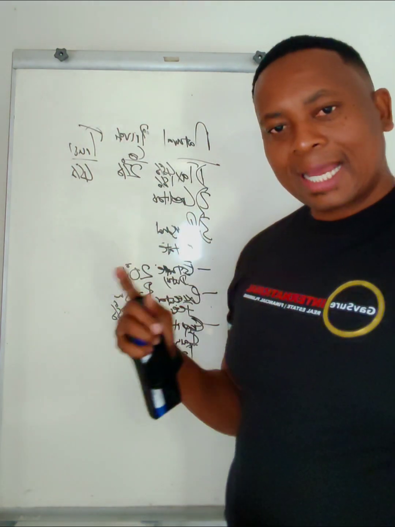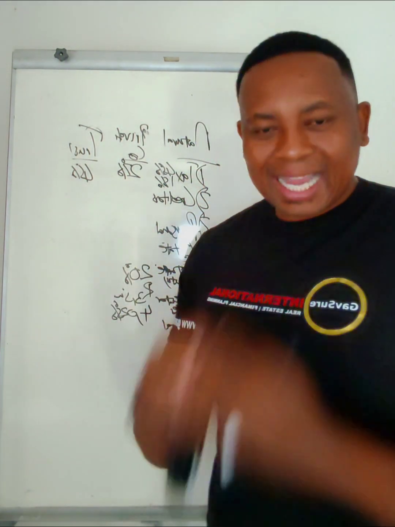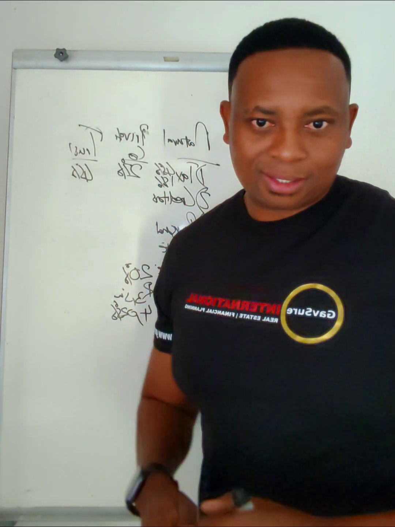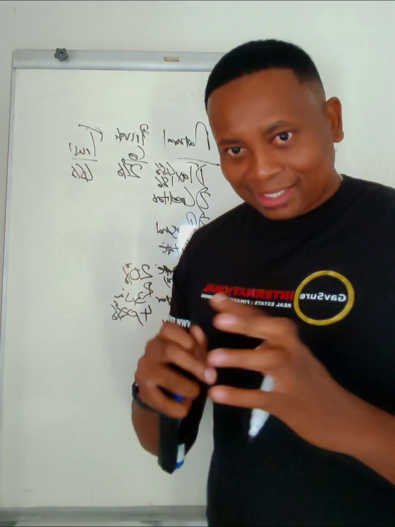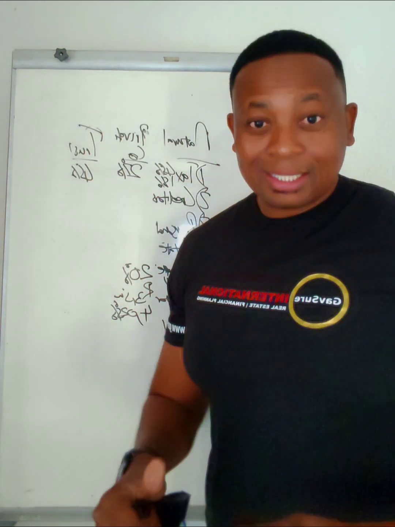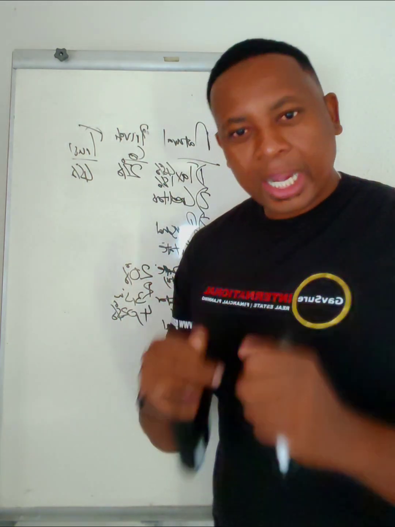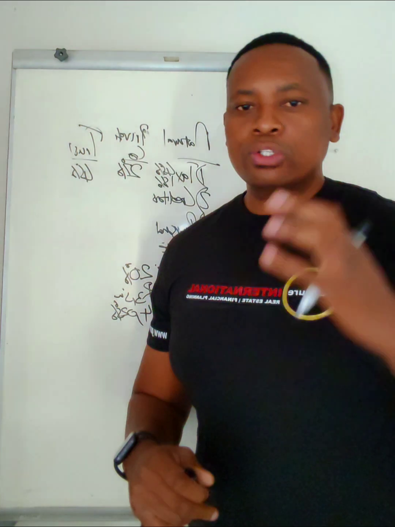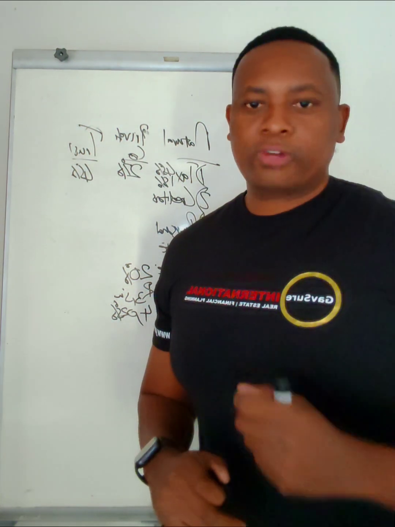I want to highlight that this 4.025% gets charged on the gross value of your estate. So it's not only charged on the assets, they charge it combined on your assets and liabilities. They look at that and say, what is the gross value of your estate? And then they charge it on that. So please make sure, guys, the entire video is really about the fact that you should consult professionals.